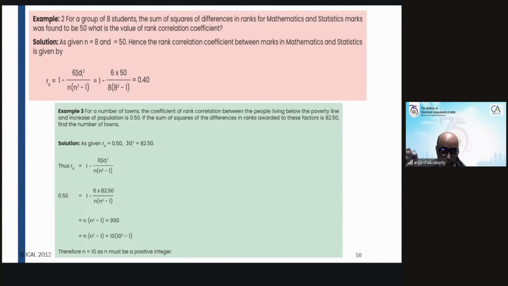So the denominator, if you expand, gives n cube minus n. Here again, we know sigma di square, which is 82.5. N is what you have to find, and R, the rank correlation coefficient, is given.